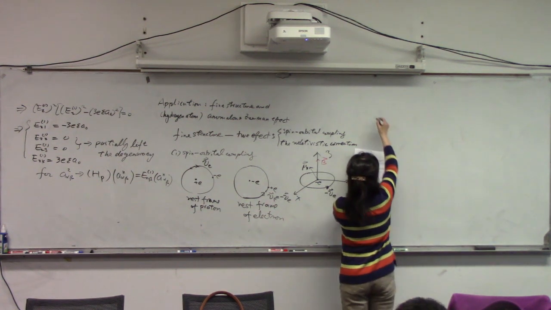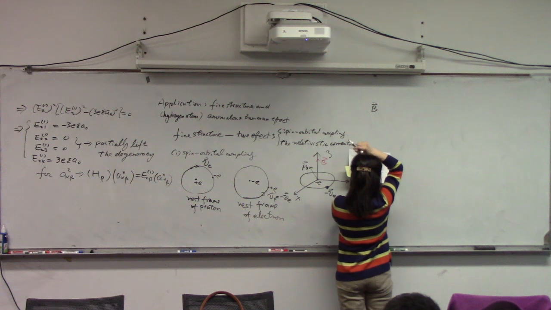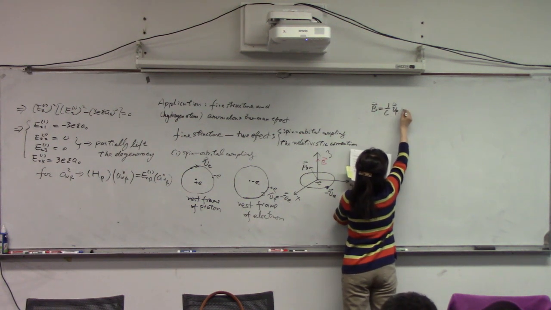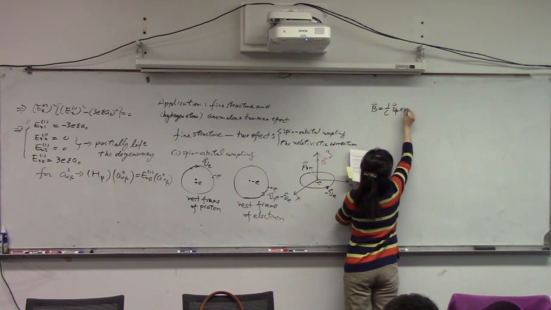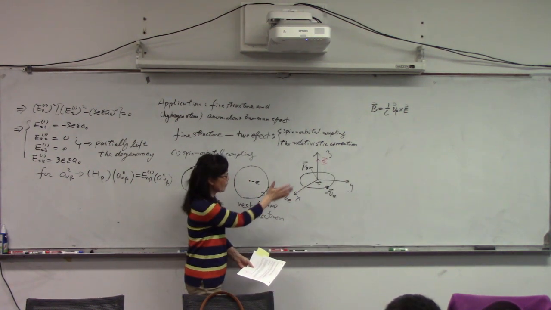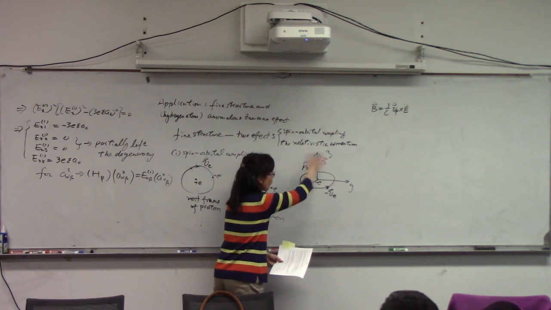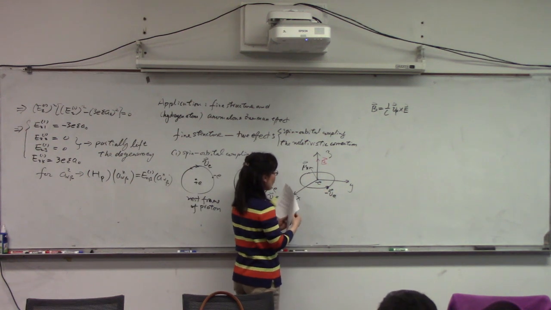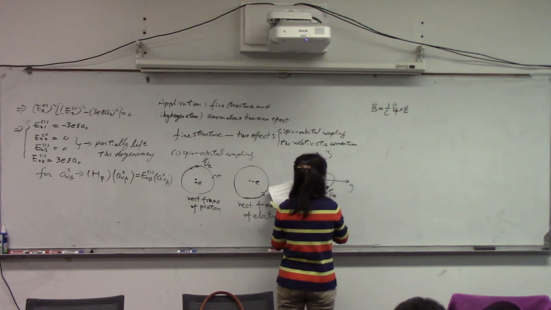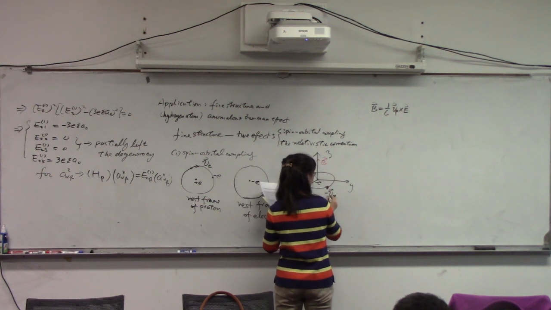So here, the field, according to this EM, we know that is 1 over c, v cross E, right? Because the current is generated by the spin or orbital motion, right? So the electric field should be in this direction.